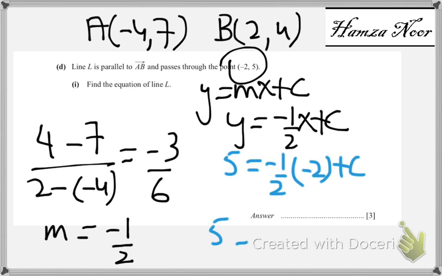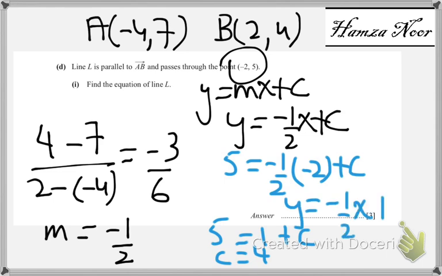Therefore 5 is equal to 1 plus c, since minus minus cancel and the 2s cancel, and c is equal to 4. So the equation of line L is y is equal to minus 1 over 2 x plus 4. Okay, this is your final answer.